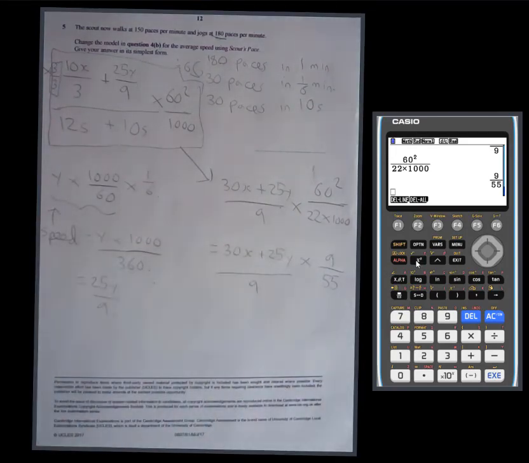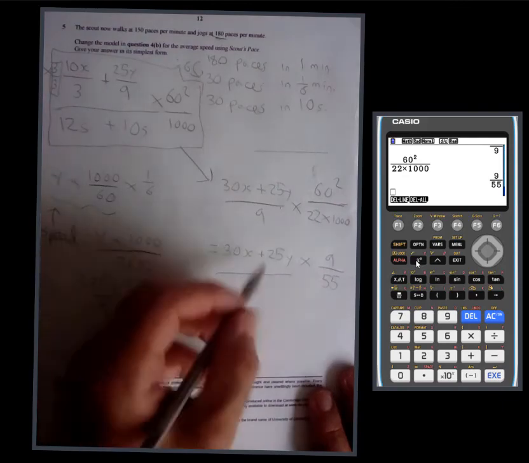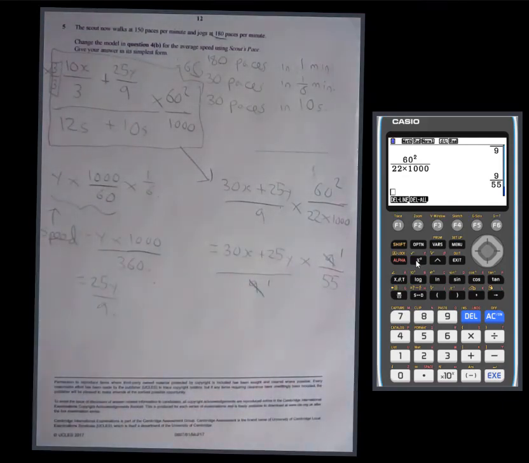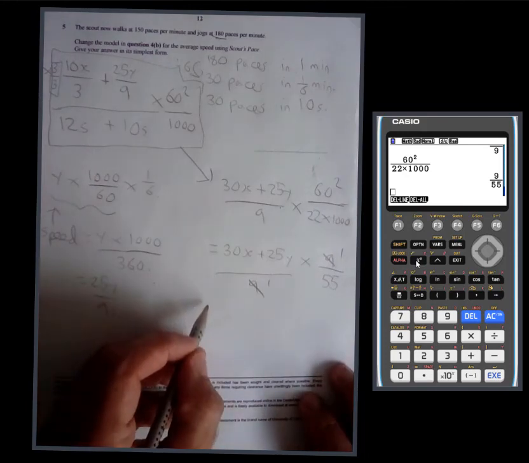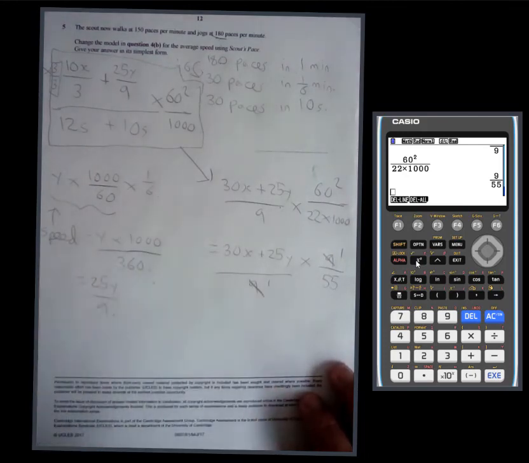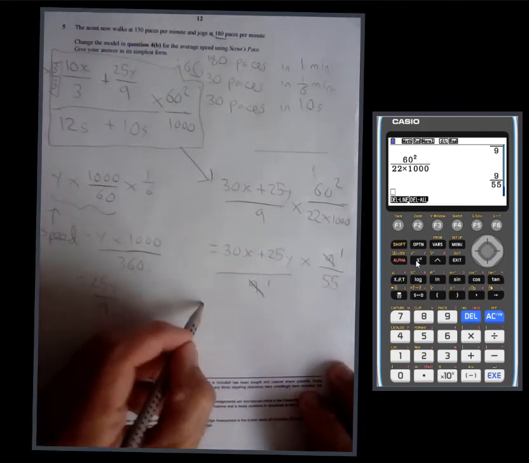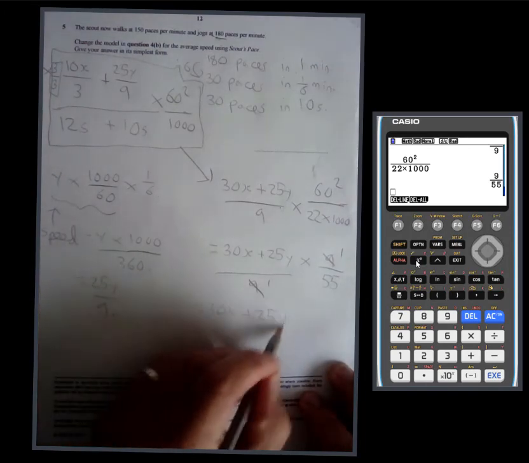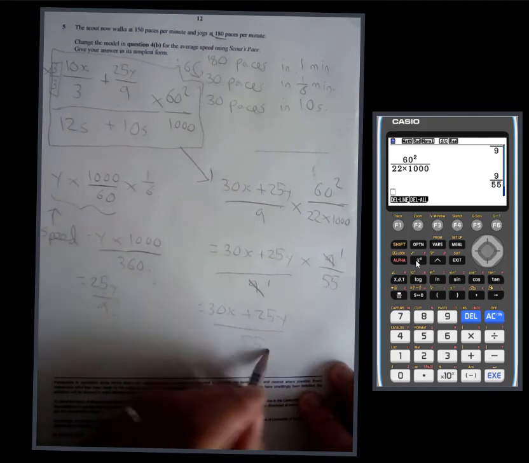So the first thing you see, look, the 9s you can cancel. 9, 9, 1, 1. So now you just have 30x over 55 plus 25y over 55. 30x plus 25y over 55.